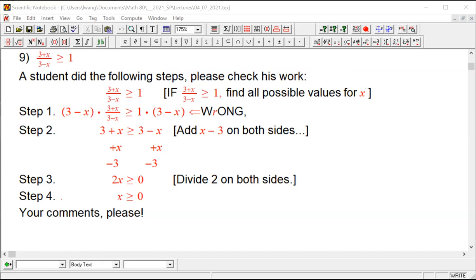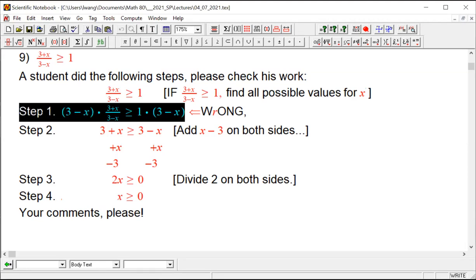Alan is right. He pointed out step 1 is wrong. Actually, it's from step 1 to step 2 that is wrong. The step 2 is a consequence of step 1, and you can say step 1 is wrong. Yes, that's fine. What is wrong?